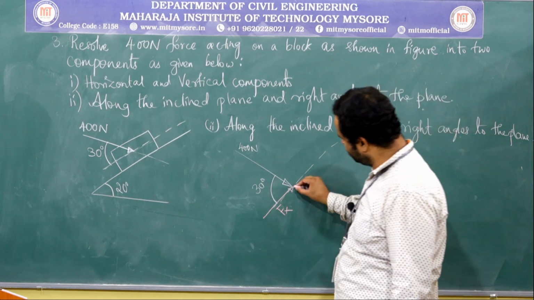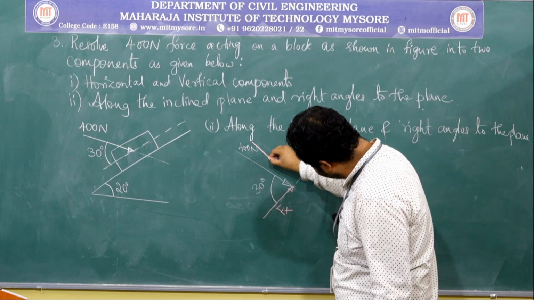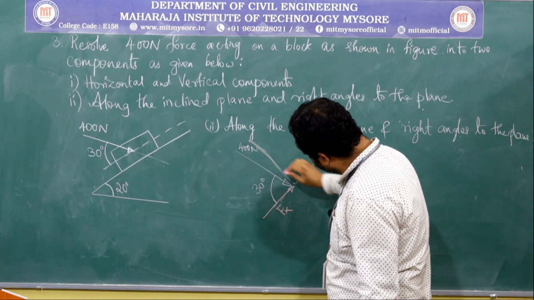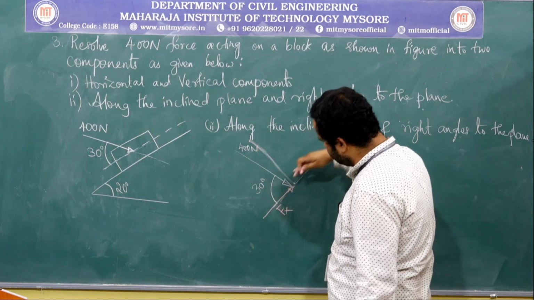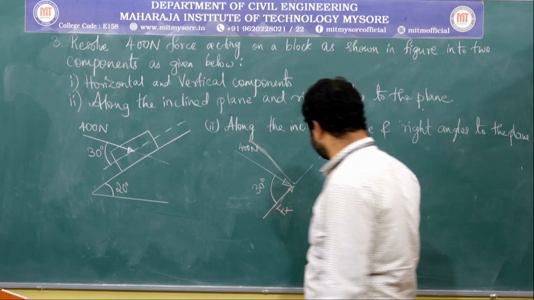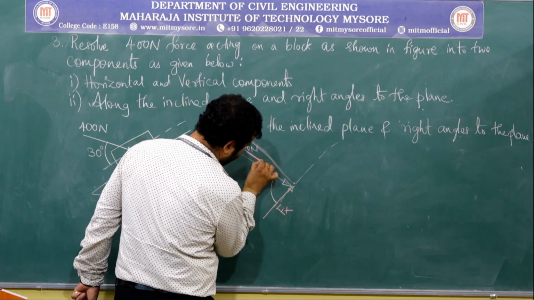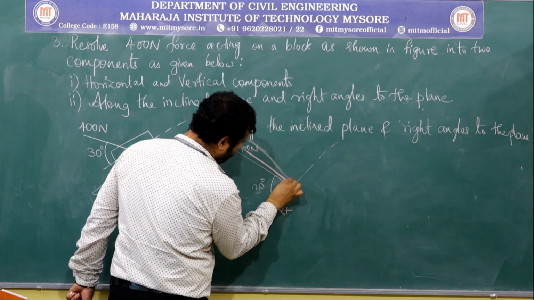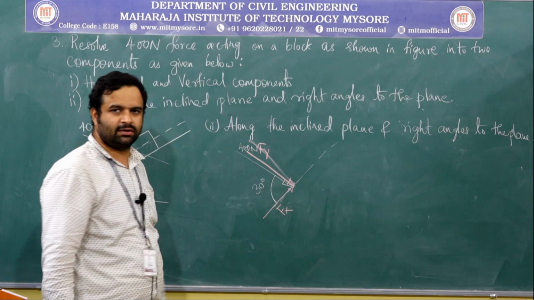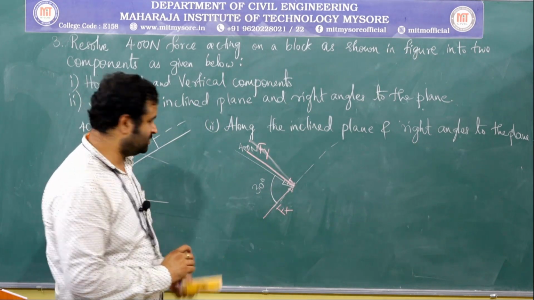Next, similarly, if I try to write its 90-degree or the perpendicular component, one is along the inclined plane, the other is perpendicular to the inclined plane. So, for this line I can write this as the perpendicular line. So, this is Fy, where Fy is measured downwards. So, you can now resolve this.